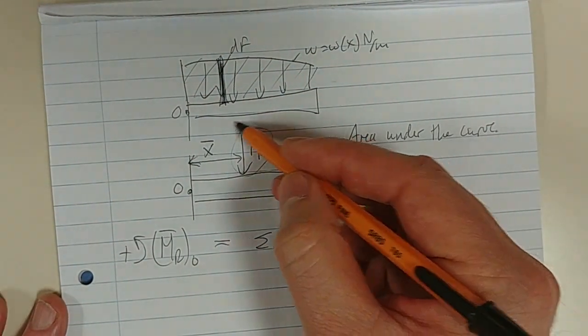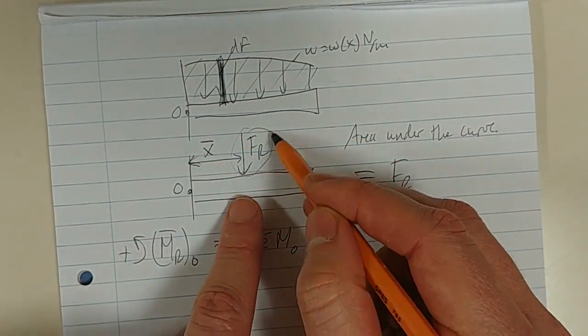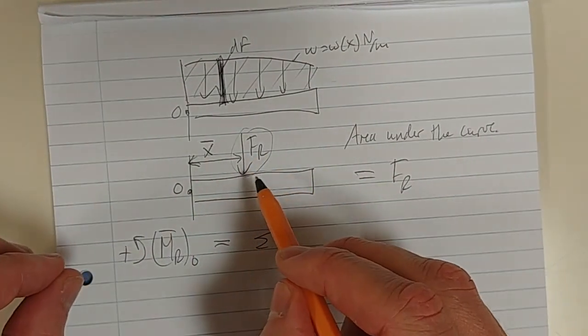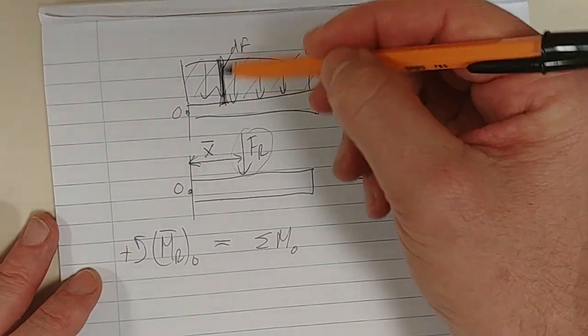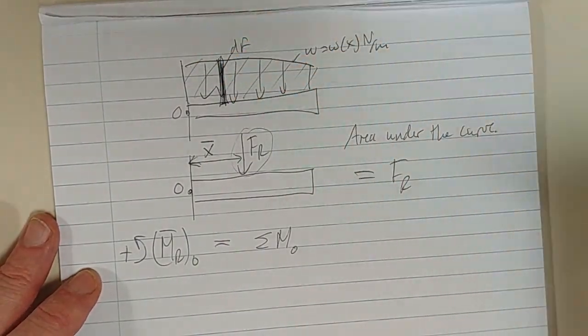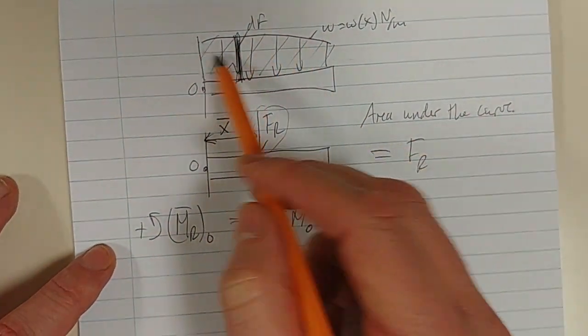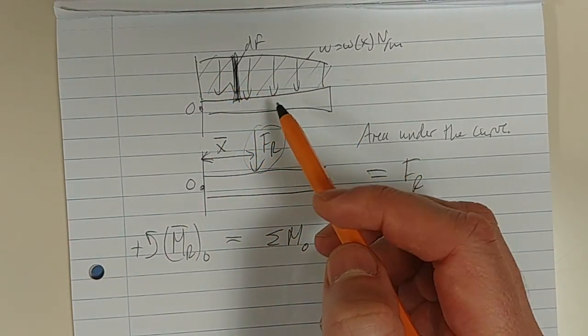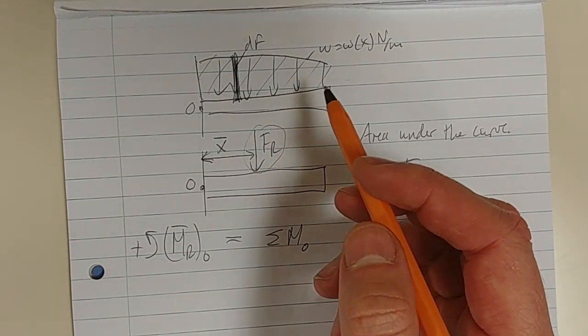So we need to equate the moment that the resultant force causes about O with the sum of all of the moments due to all the original forces. But the difference here is that it's a continuous loading, whereas in section 4.8 it was concentrated point loads.